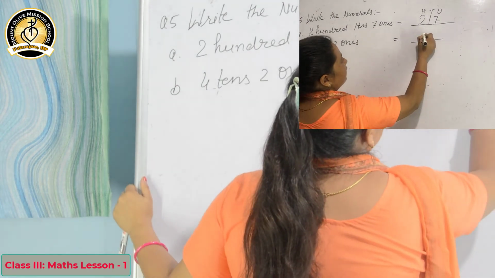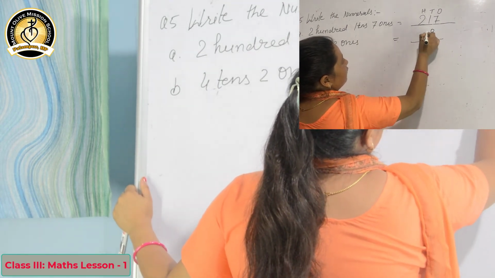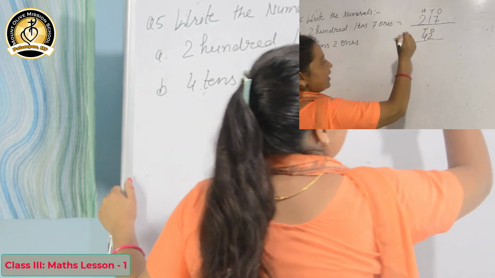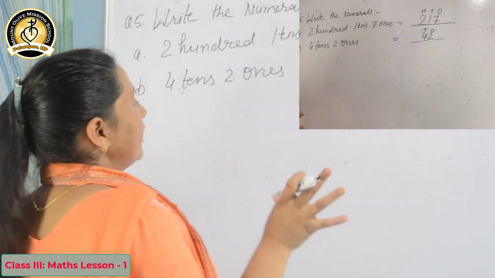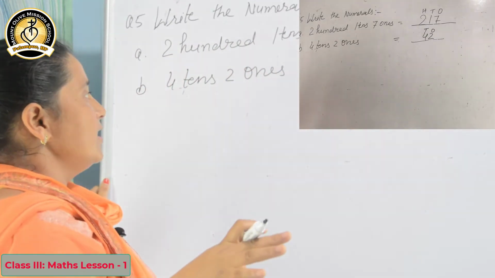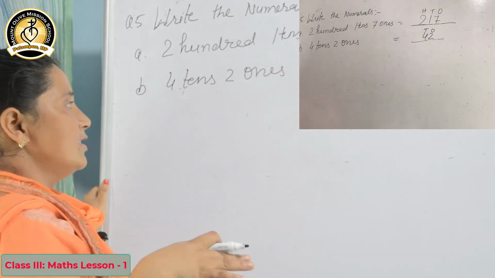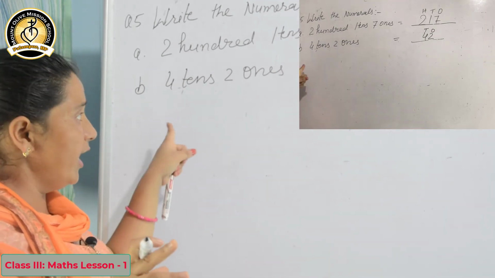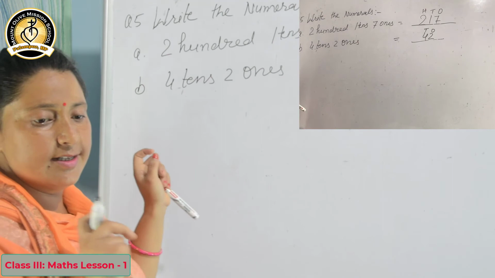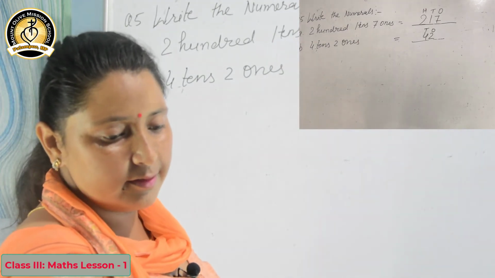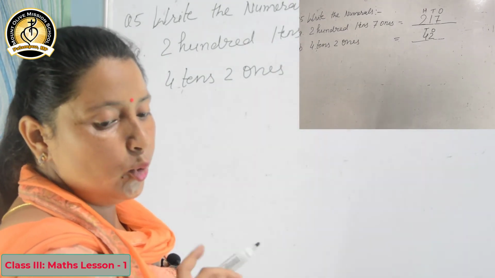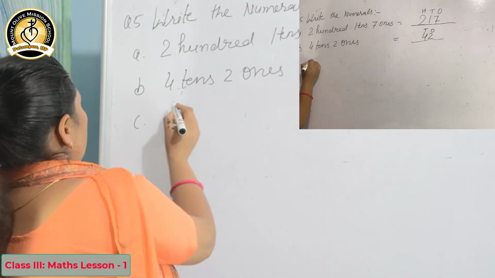Very good. 2 ones, 4 tens, 42. आपने काउंटिंग में भी पढ़ा होगा. 4 tens, 2 ones, 4 tens, 42. Okay? So is it clear? Yes.